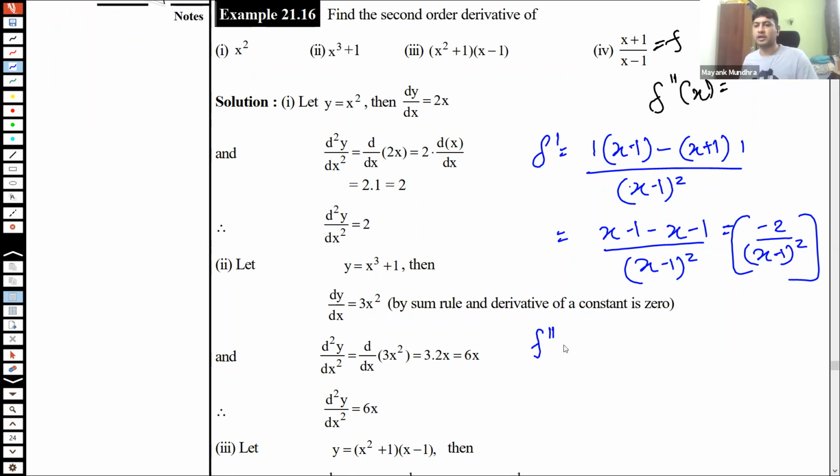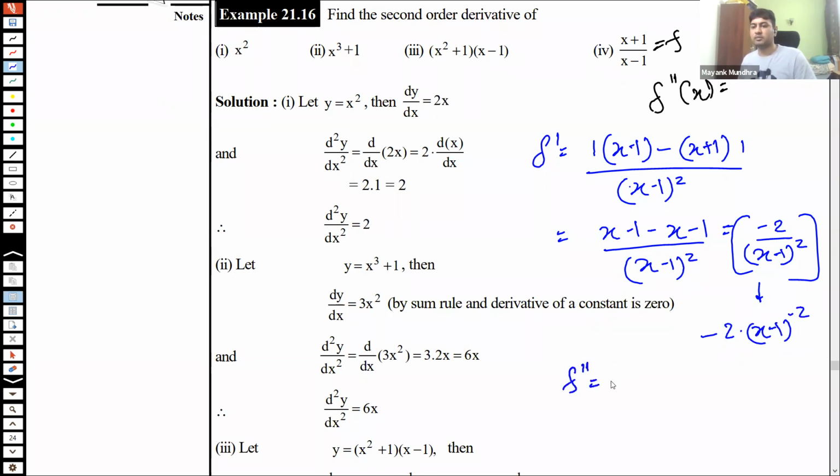And f double prime, you can just differentiate this thing. So you can use the chain rule here. Using chain rule, you can write this thing as minus 2 times (x minus 1) to the power minus 2.